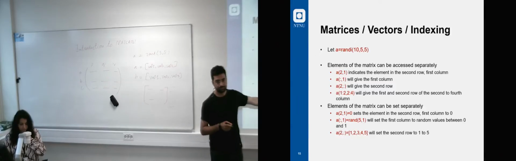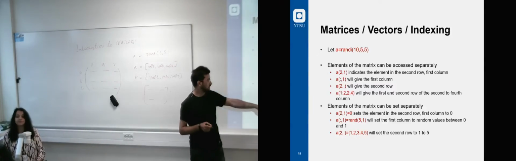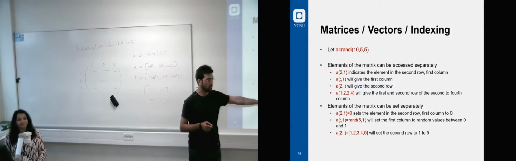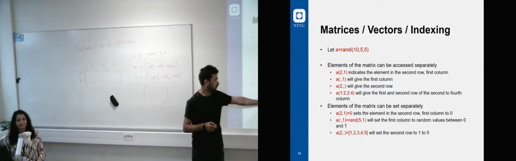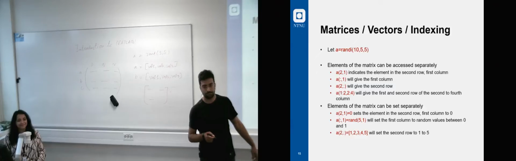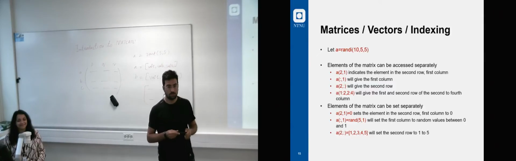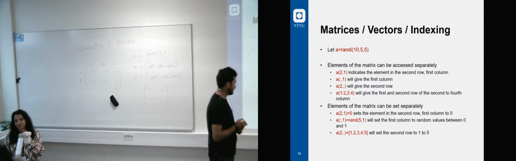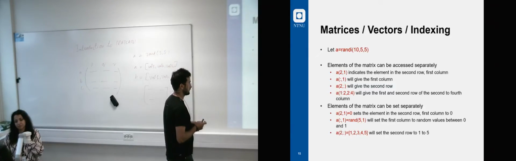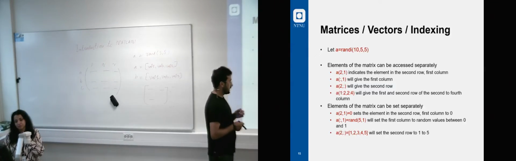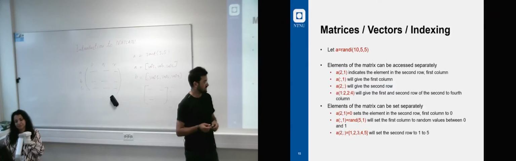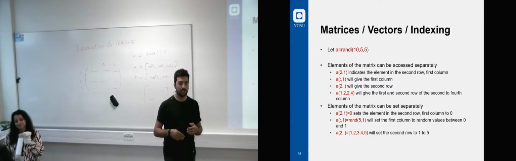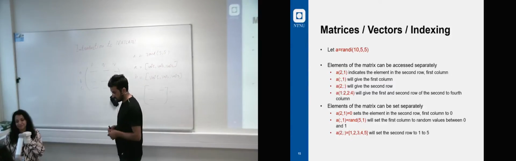What we want, it will assign the random numbers to the rows at column 1. Please try it on your machines so that you can see the results. And similarly, the last statement will set the second row to 1 to 5. This is how we can change the elements inside a matrix.